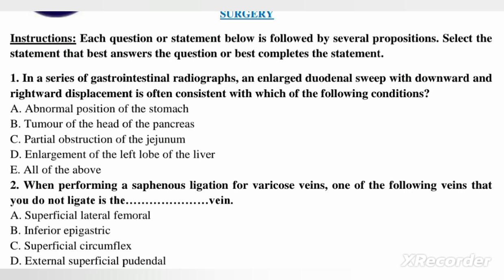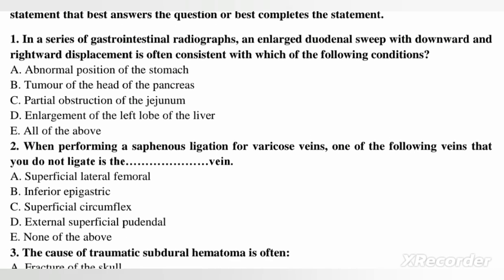Why? Because option A says abnormal position of the stomach. This could affect the position of the duodenum, but will not typically cause a downward and rightward displacement. Option C says partial jejunal obstruction. So this would more likely cause upstream intestinal distension without necessarily leading to this type of duodenal displacement, that is, a displacement of the duodenum downward and rightward.